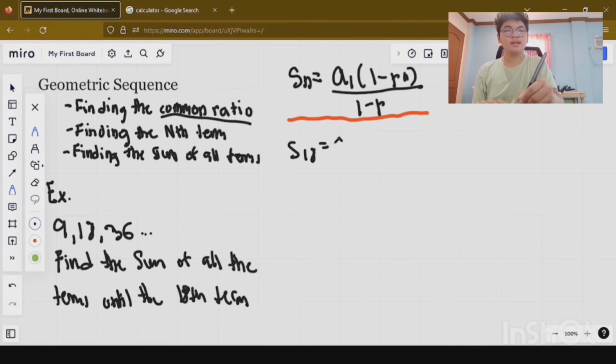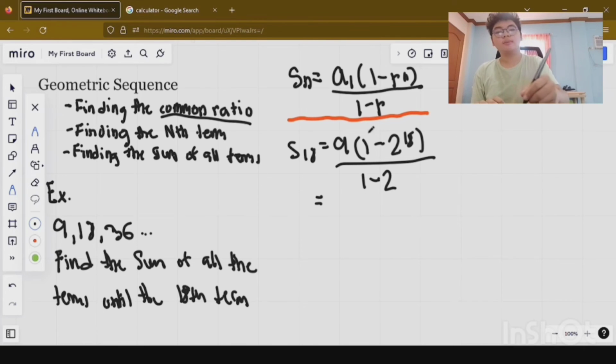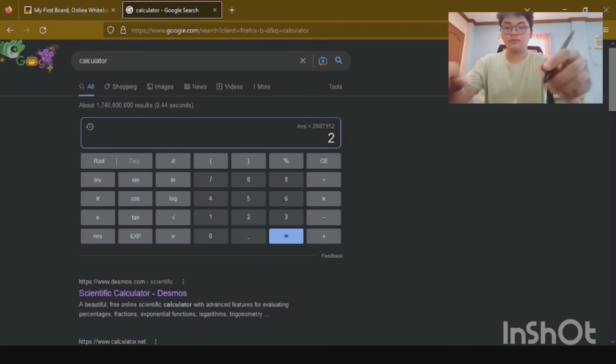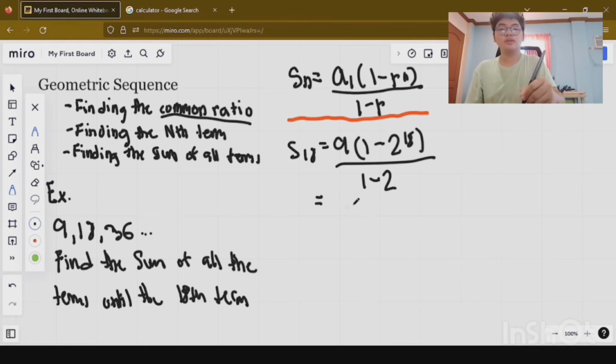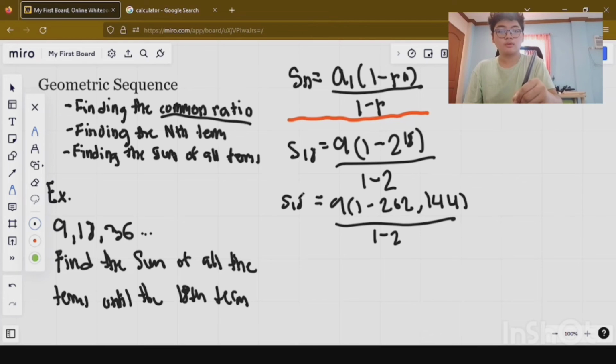First term is 9 times 1 minus the common ratio, 2, raised to the power of 18, over 1 minus 2. 2 raised to the power of 18 is 262,144. 1 minus 2 is negative 1.